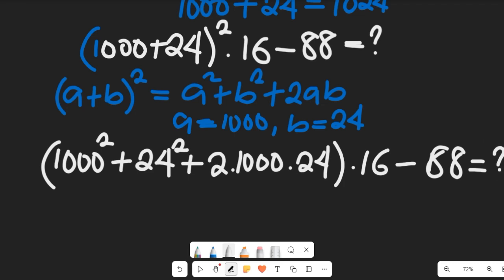If I can easily expand this, this is going to give me 1 million, 1,000,000.